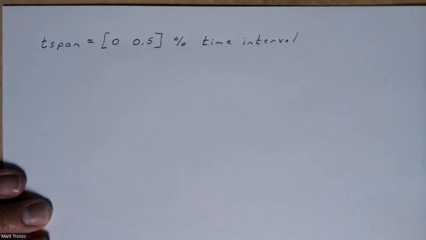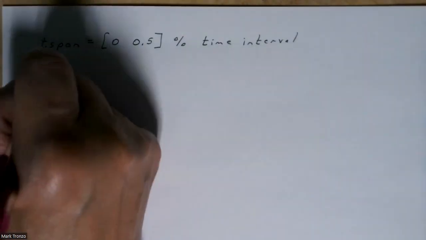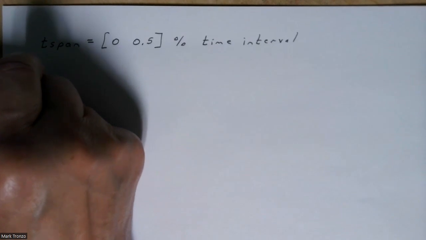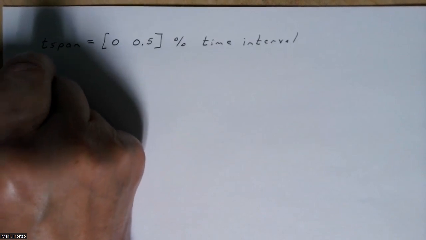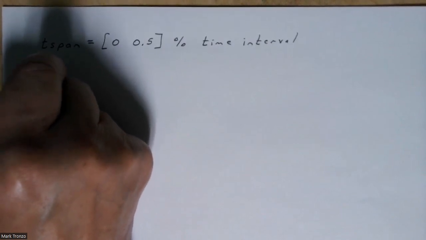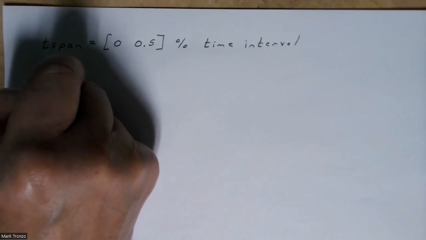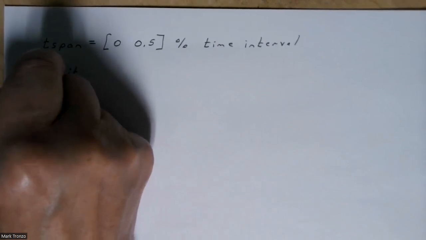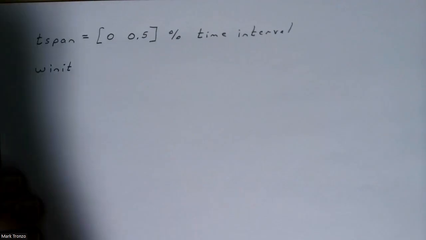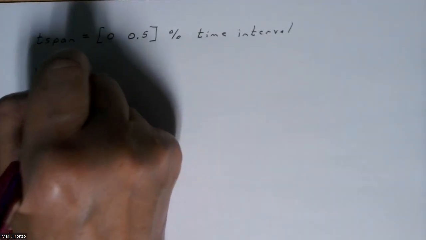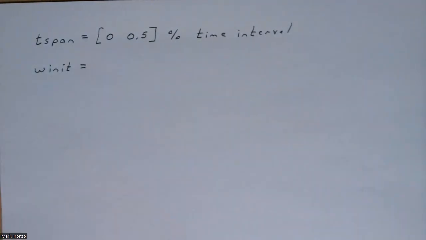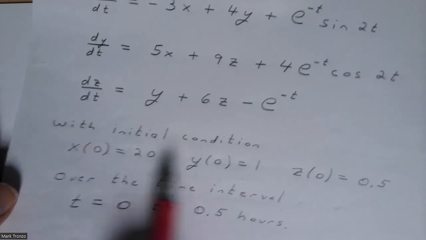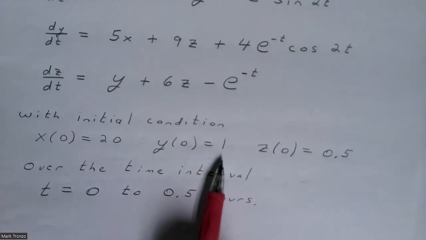And then we want the initial conditions. You can call these whatever, and I'll call this winit. And again, give it your own name, maybe something more clear. Remember, the initial conditions were x was at 20, y was at 1, and z was at 0.5.